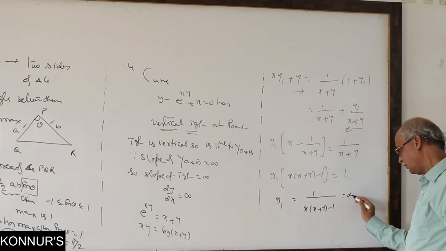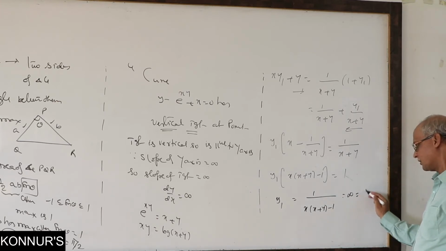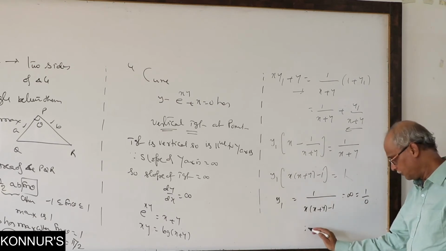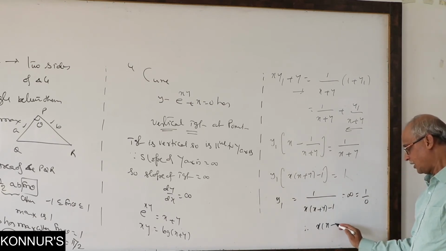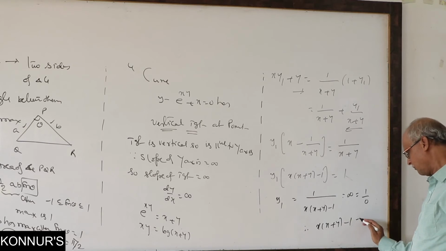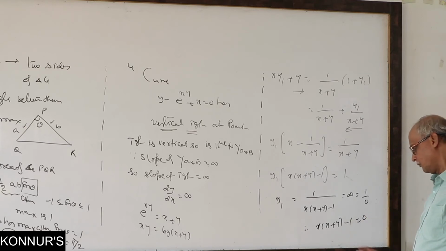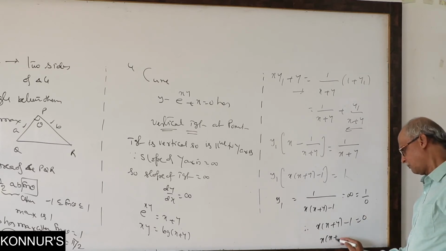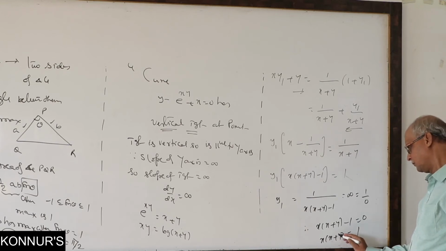For this to be infinity, it is the same as 1 by 0. Therefore, x into (x plus y) minus 1 must be 0, or suppose equal to 1.